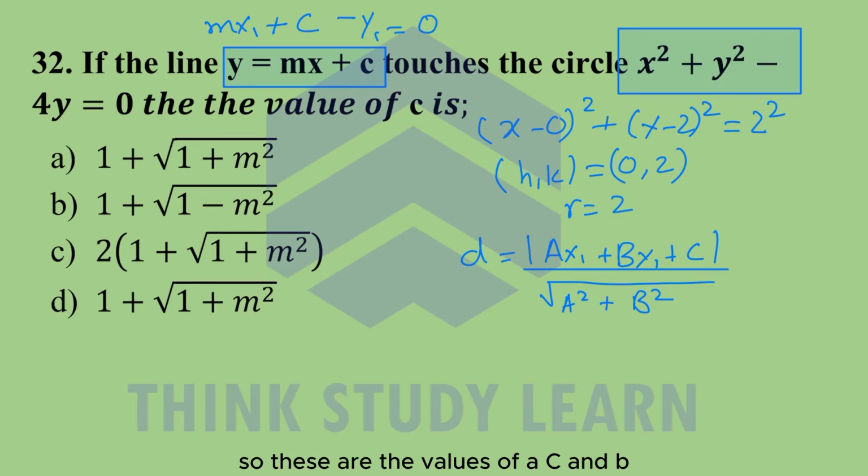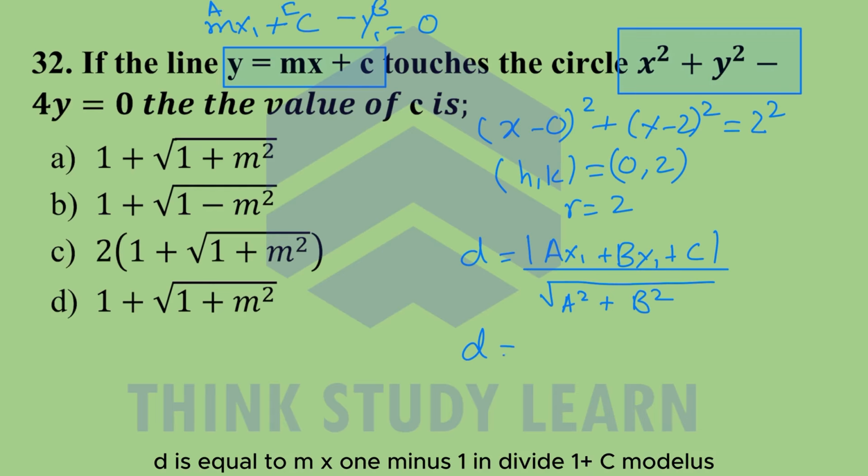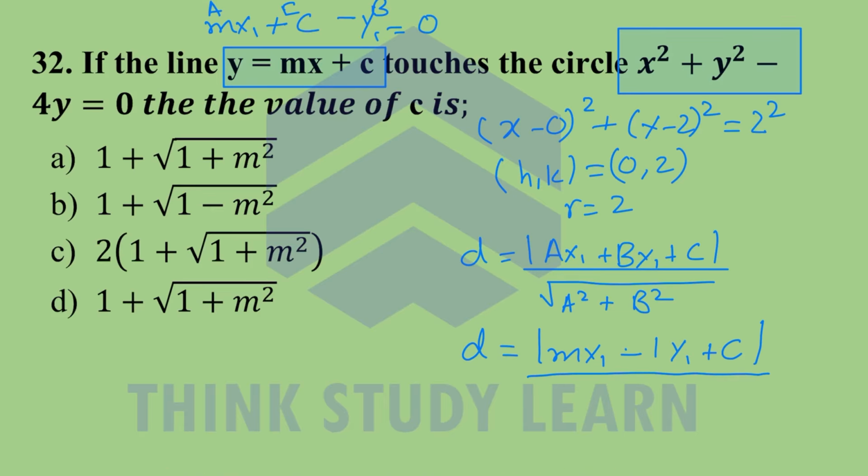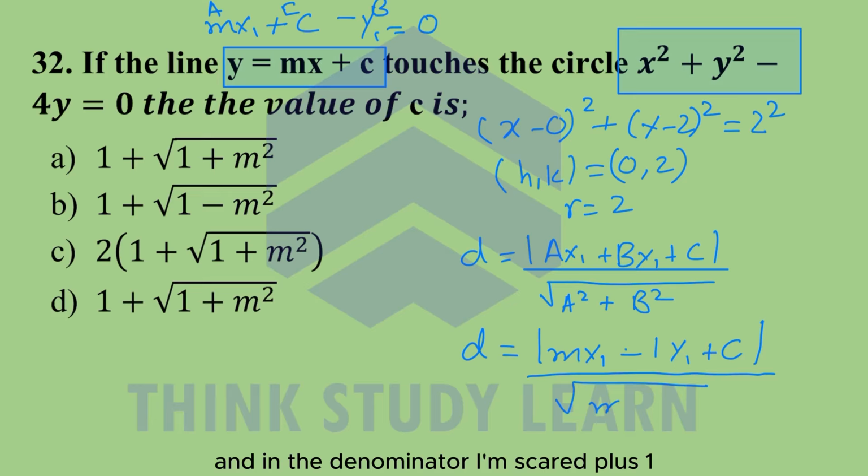So these are the values of a, b and c. So putting the values, d is equal to the modulus of mx1 minus 1 into y1 plus c, and in the denominator the square root of m square plus 1. So for the line to be tangent to the circle, the distance must be equal to the radius, which is r is equal to 2.